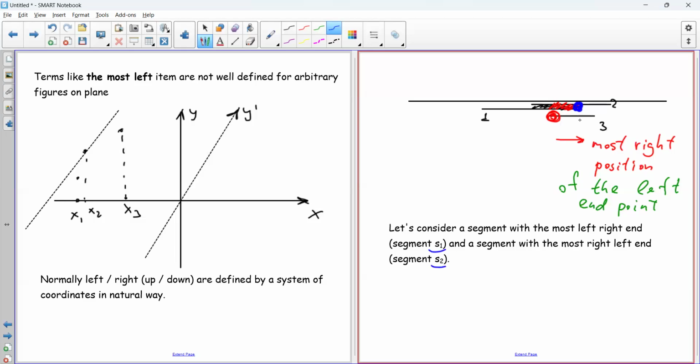So again, suppose we have segments S1 and S2. Reminder for us, this is the blue end, this is the red end. And now we are ready to do some mathematics, just now.